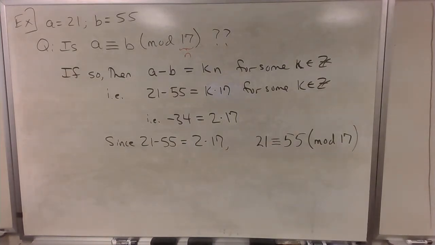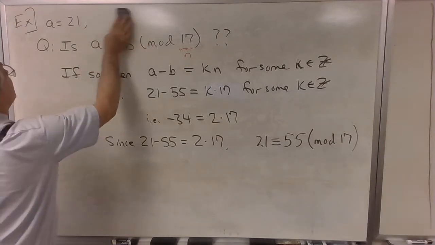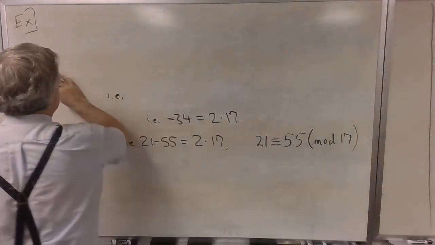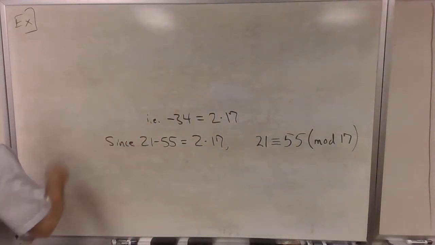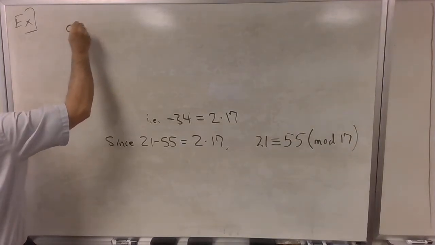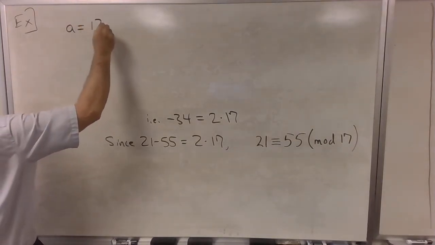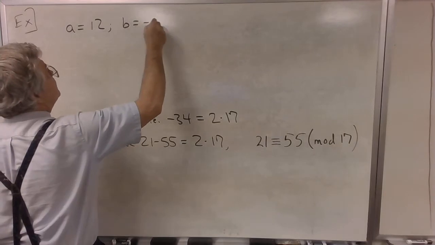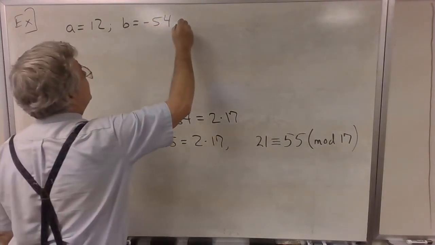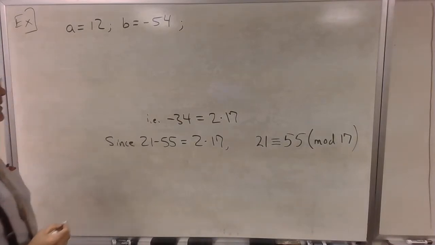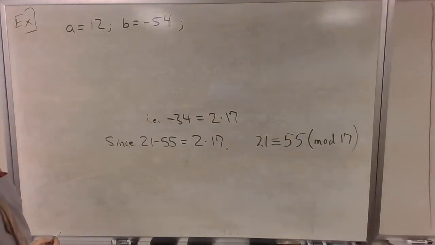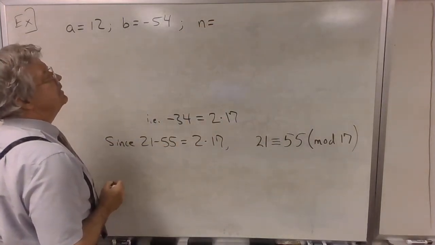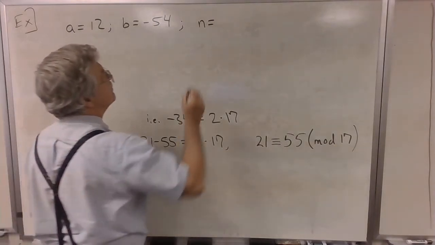Let's look at another example. A equals 12, B equals negative 54, and N, let's see, let's have that be 6.